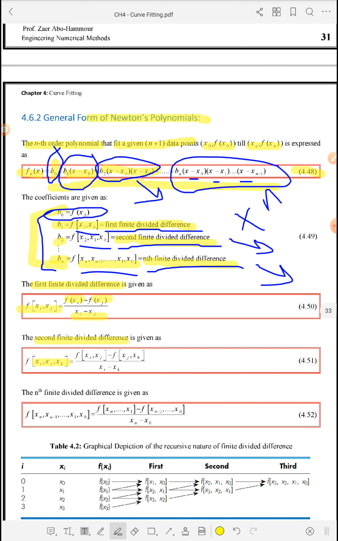So how do we calculate the second divided difference? It's the difference between two first order divided differences. If we go back to our physics background, we know that velocity is the difference between two positions with respect to time.